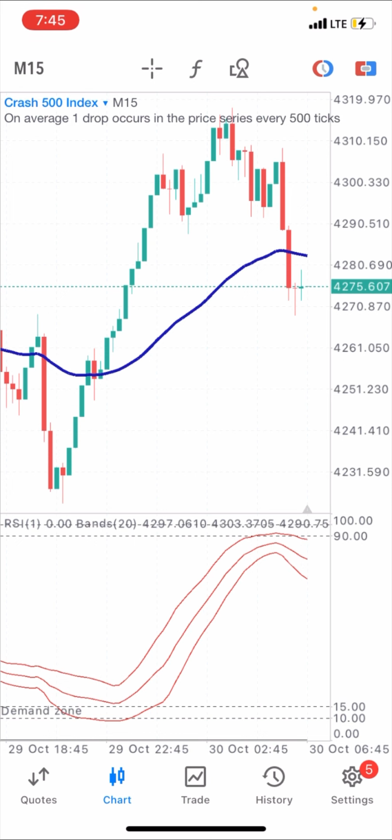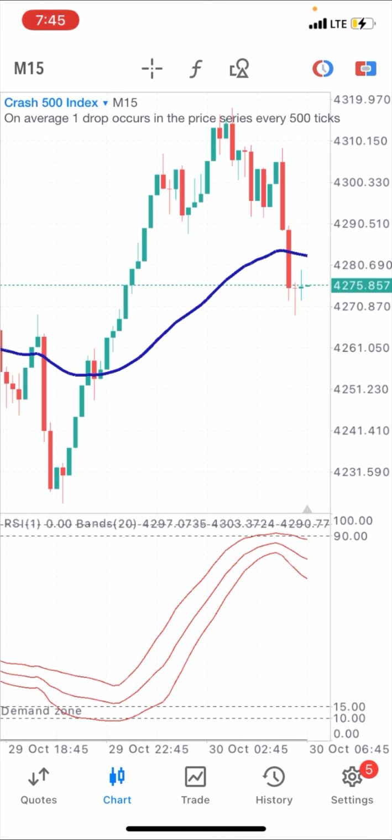This strategy will show you how to catch the trend of the market and how to find a good entry early. It will show you when price is at your support or resistance level, so that you can have a good trading entry. And this works for the boom and the crash market.